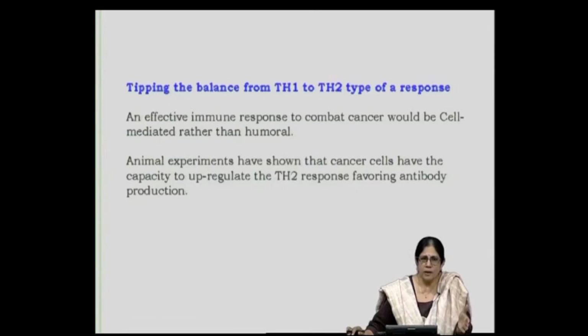Th1 secretes cytokines which help the cytotoxic T cells to proliferate, and Th2 help the B cells to proliferate. Th2 therefore would secrete cytokines such as interleukin 4, which is required for B cell proliferation soon after activation.